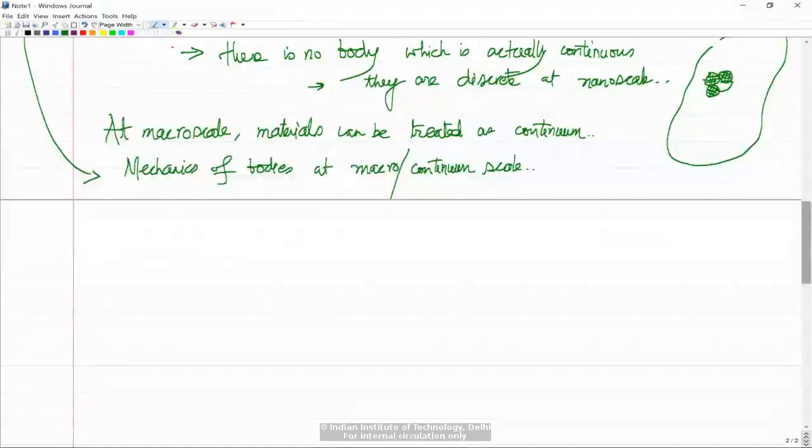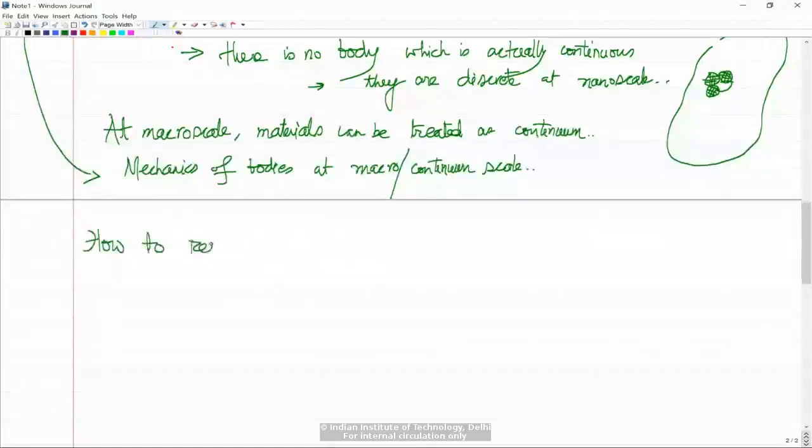Now, whenever we do a theory, the first thing that we have to ask is how we are going to represent a body. It's continuum mechanics, mechanics of continuum, so how are we going to represent a continuum so that we can address it?